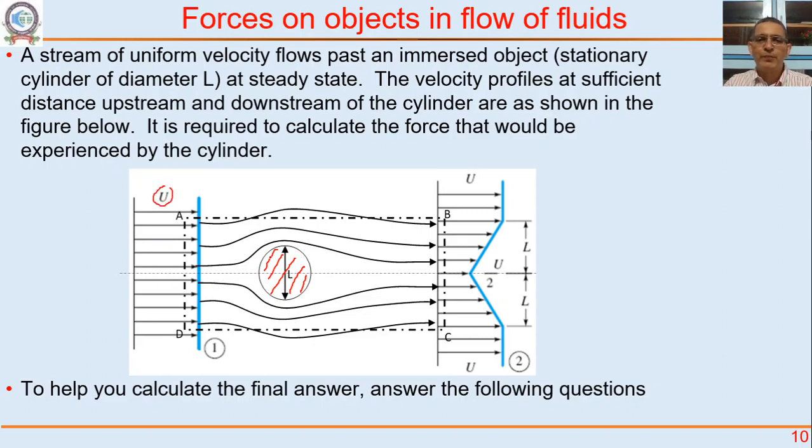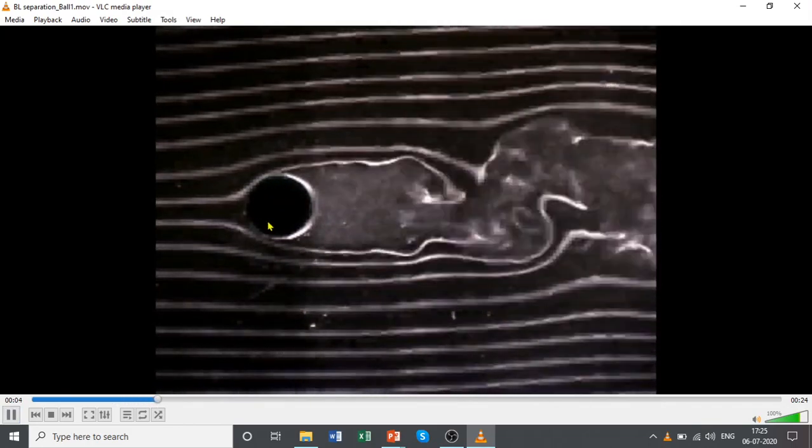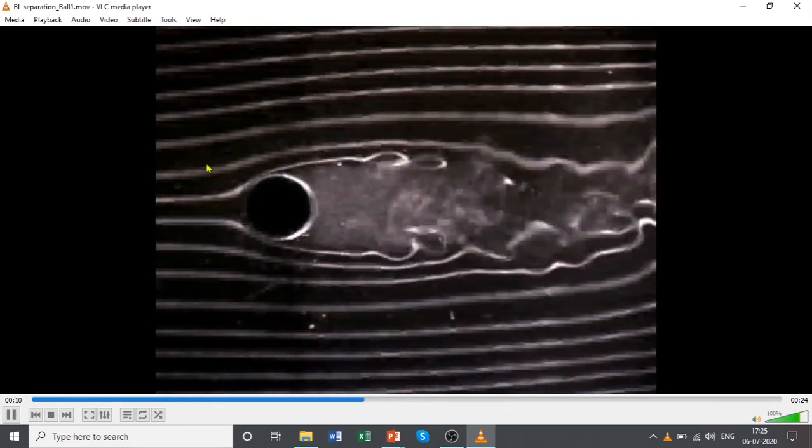Obviously this cylinder is going to obstruct the flow, so the flow has to go around it. If you look at the streamlines, these are the streamlines. Remember the video you saw of the ball: flow comes from left to right, and then the streamlines deviate.